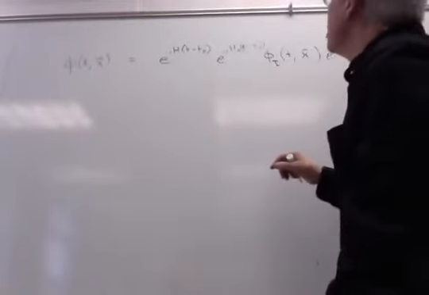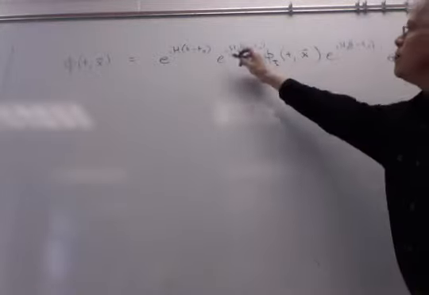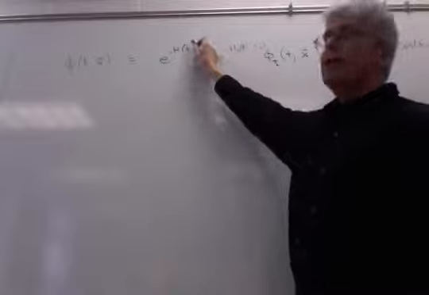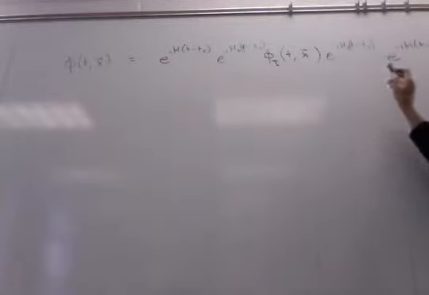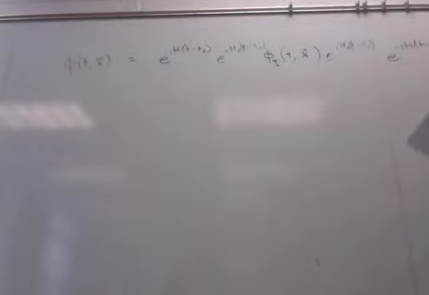So this undid the free evolution, and then this gave the complete interacting evolution to get us back to time t. Seems like we're going to a lot of extra trouble for nothing, but there's a nice formalism here. Okay.